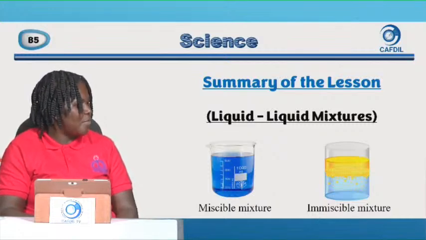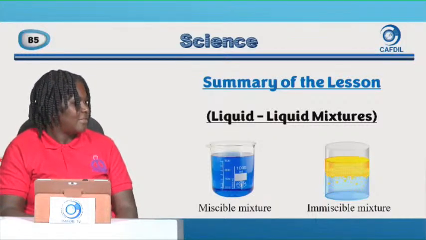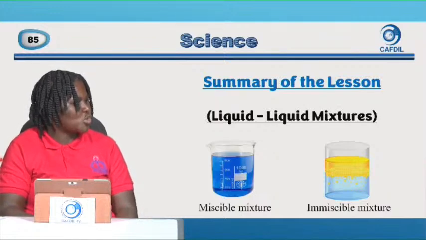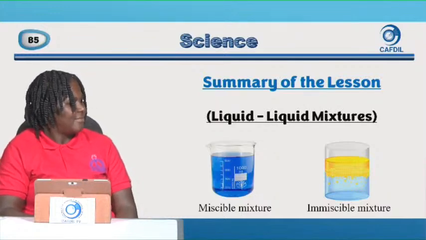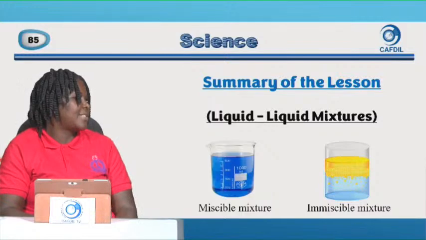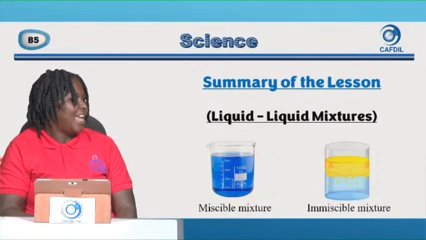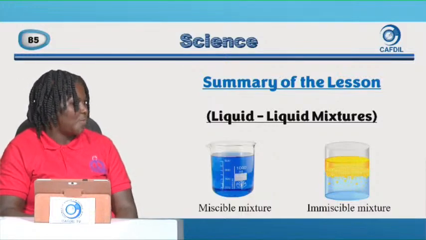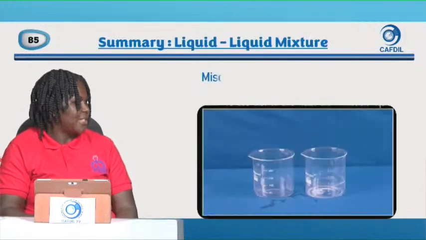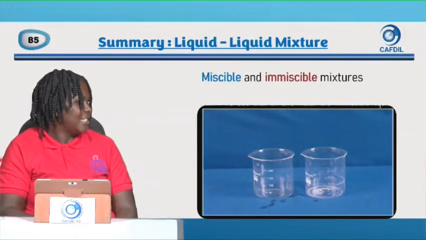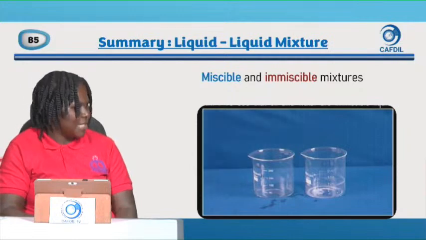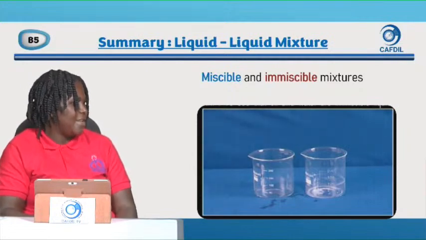And for immiscible mixtures, they don't mix together. You will see the liquids separately. They form two layers. The heavier one will settle at the bottom, and the lighter one will be on top. So that is it, miscible and immiscible mixtures.